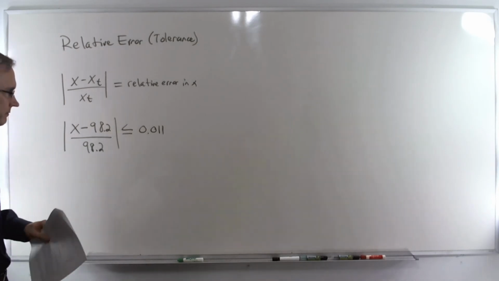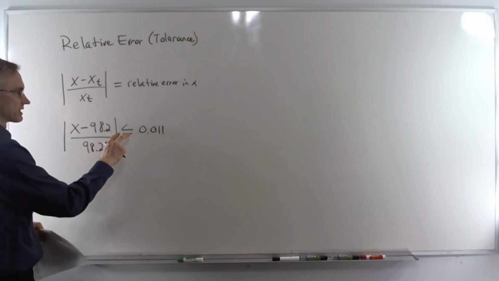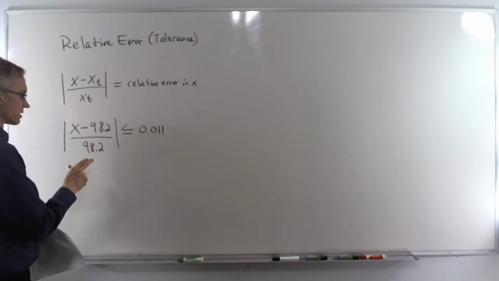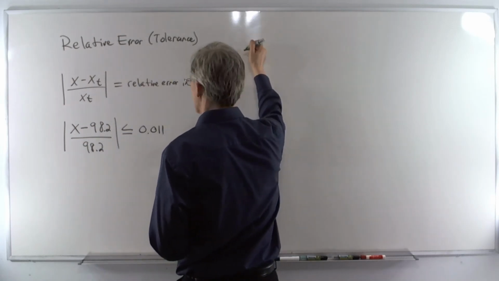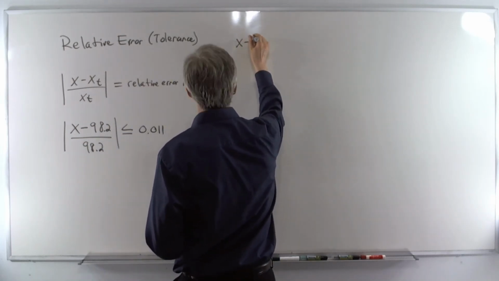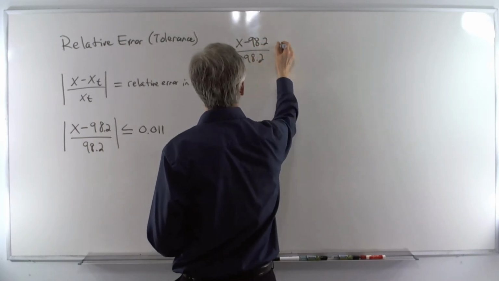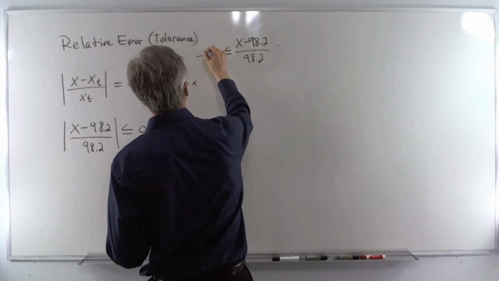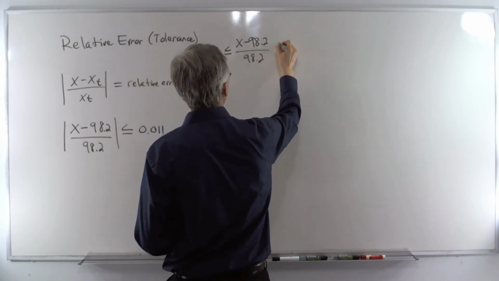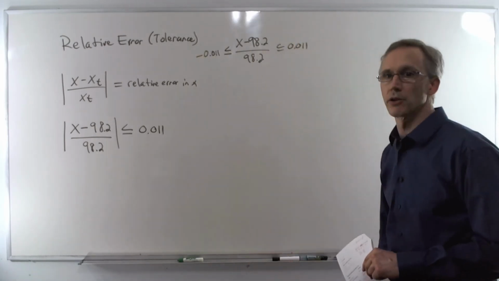All right, so we're going to solve this. We have an absolute value that's less than or equal to the number. So this is an AND inequality. All right, so there's our AND inequality we're going to solve.